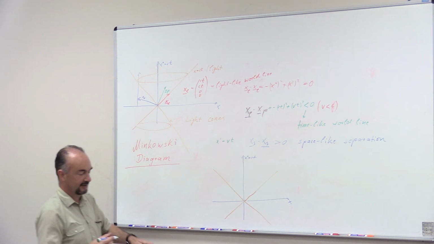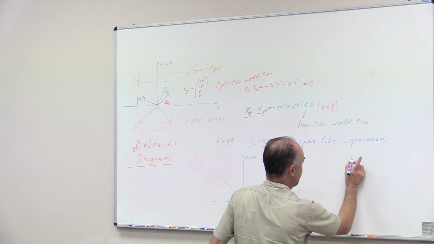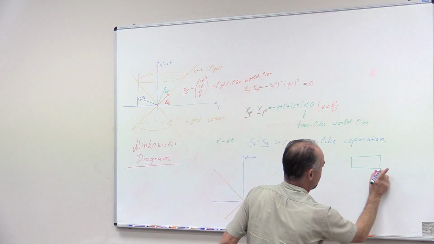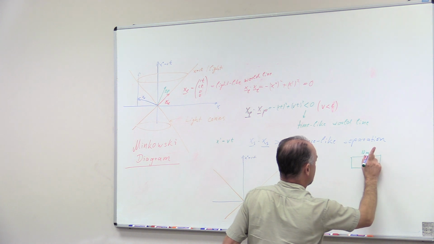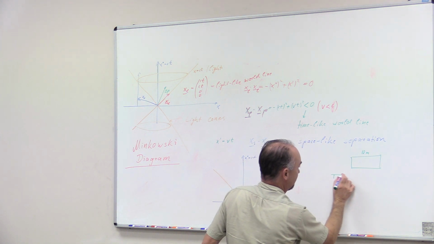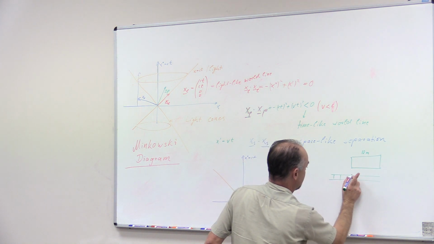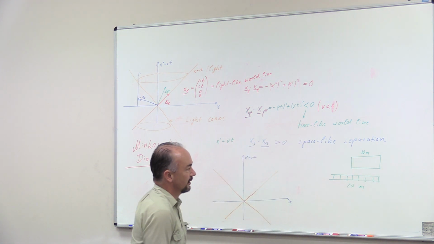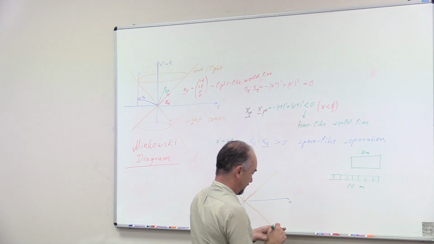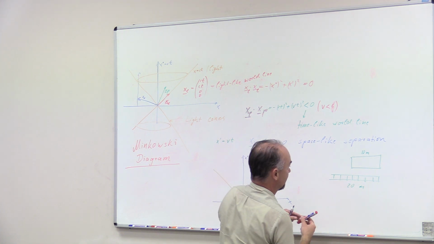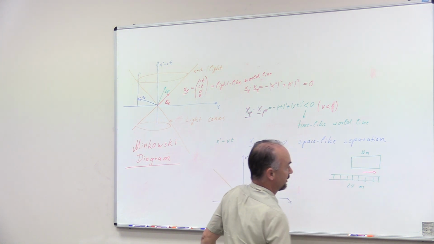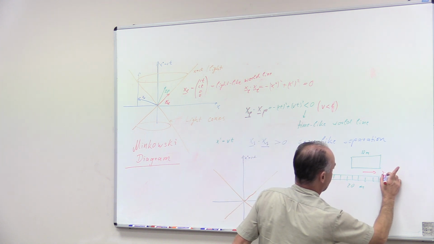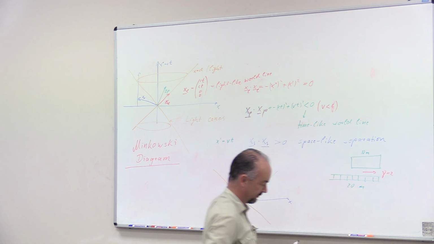Yeah. So essentially there's a barn here that is 10 meters long, and then there's a ladder that's actually 20 meters long. So the idea being, if you're just going fast enough, so that you move with a Lorentz factor of 2, right?